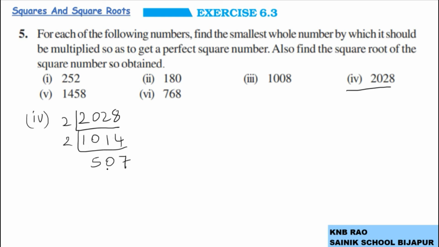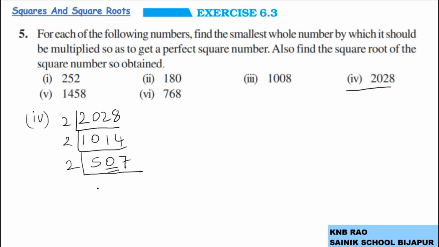Be careful, giving zeros is very essential. Whenever you have doubt, cross check like this. Is 507 into 2 equal to 1014 or not? Suppose you have forgotten the 0, the number looks like 57. 57 into 2 can never be 1014 at all, isn't it? So that way you can cross check. Always cross check while doing it this way.